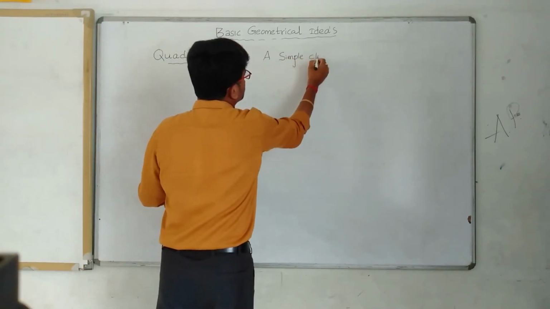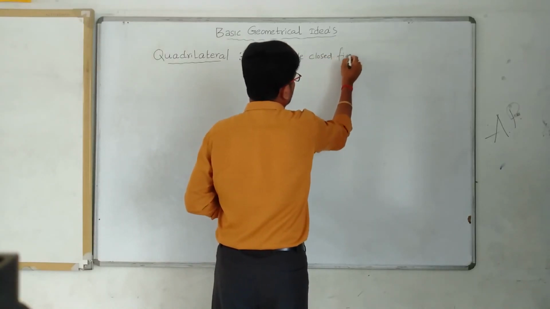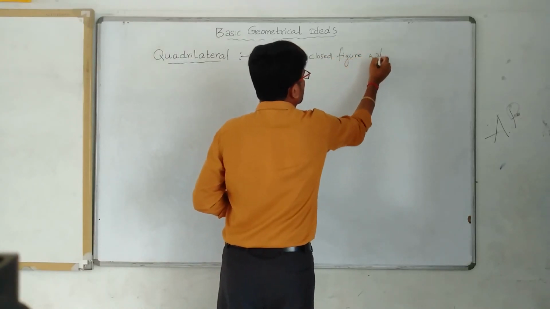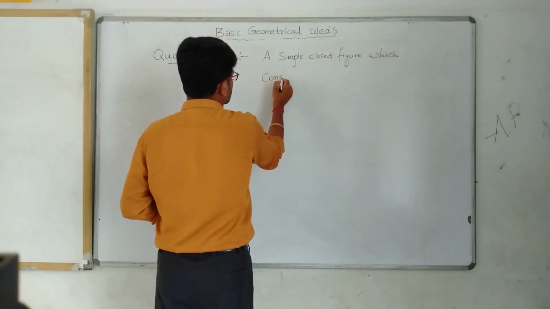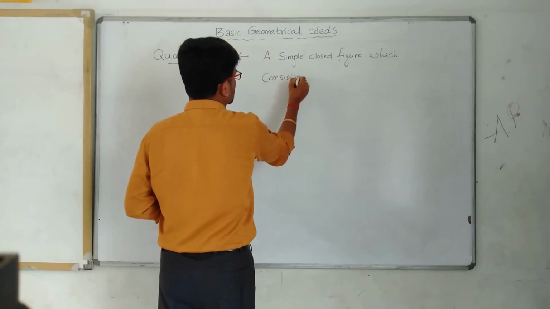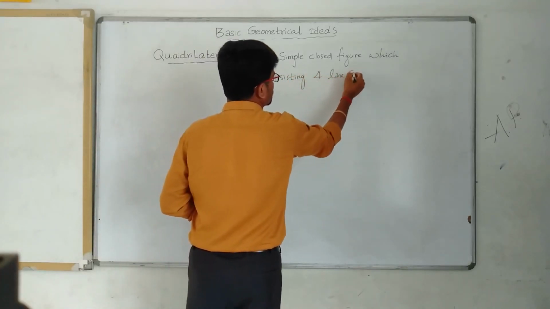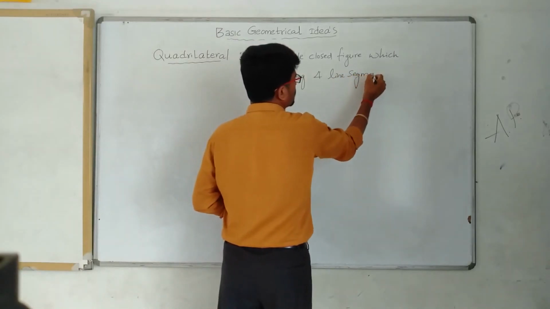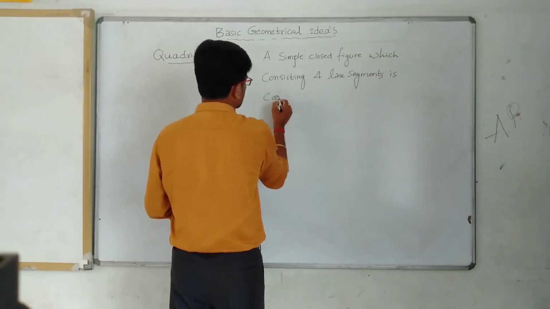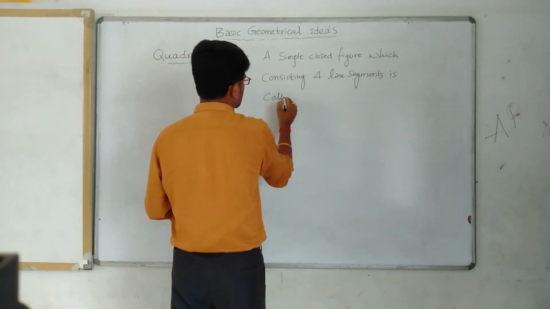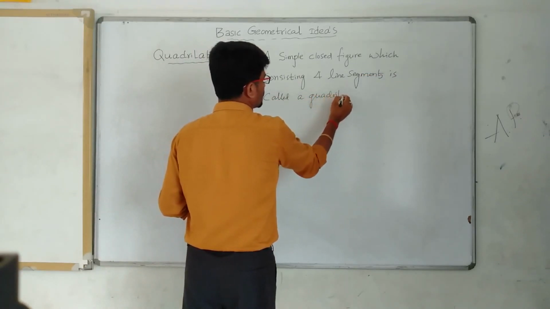A simple closed figure which consists of four line segments is called a quadrilateral.